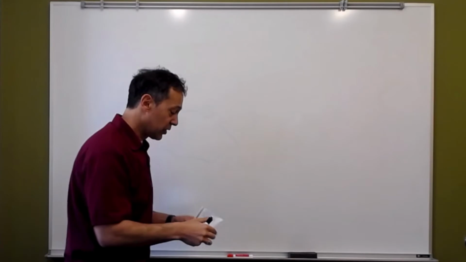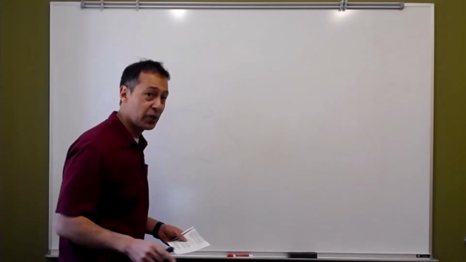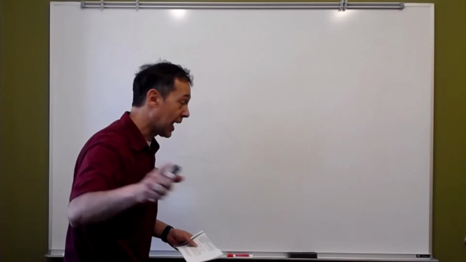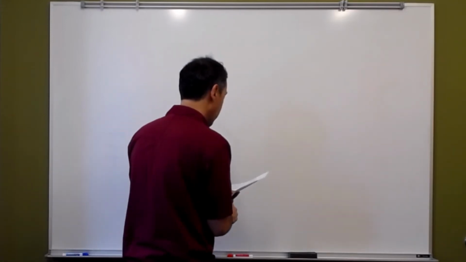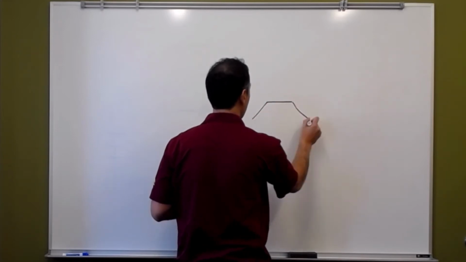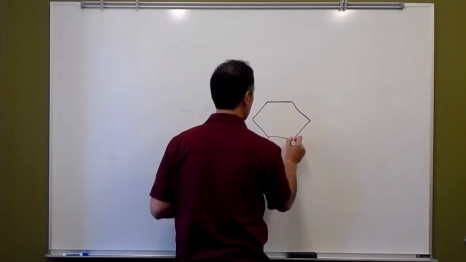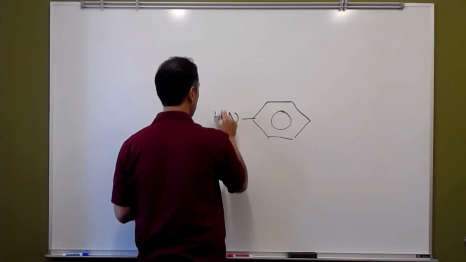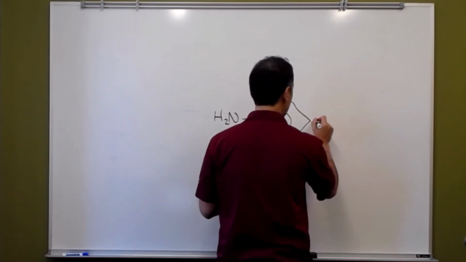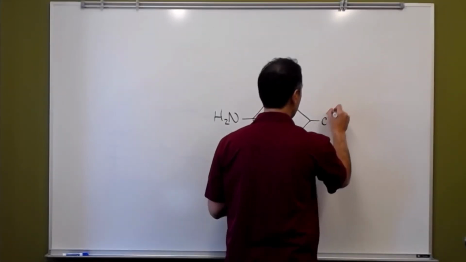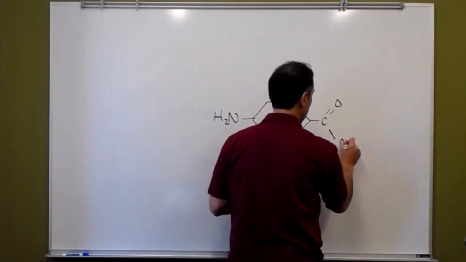And what they do is they take something called PABA, which is p-aminobenzoic acid. Now let me draw the structure here for you. Looks like this. So here we have our benzene ring like this, NH2, and then our benzoic acid portion over here. Carbon like this, like that.